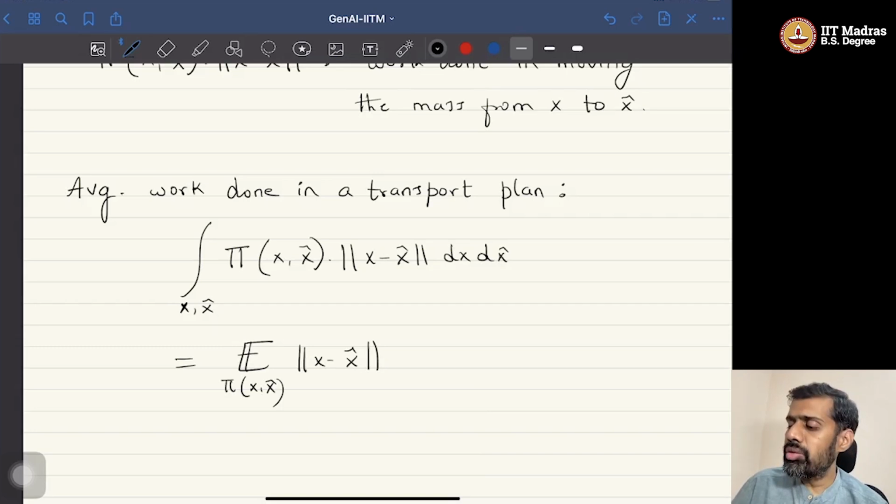So this will tell you the average of the work that has been done by a particular transport plan. So what we are trying to say is that every joint distribution between a pair of random variables will correspond to a transport plan. Okay, what is a transport plan?